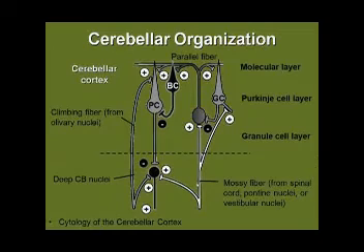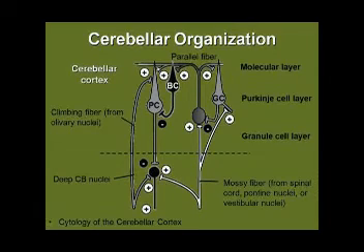Mossy fibers, on the other hand, yes, they are excitatory, but they only have an indirect influence on Purkinje cells, because all mossy fibers, regardless of their source of input from spinal cord, indirectly from motor cortex through the pontine nuclei, or the vestibular nuclei, enter the cerebellar cortex and synapse on granule cells. But then granule cells send their axons up to the molecular layer where they bifurcate, forming parallel fibers that then go over and synapse and provide an additional excitatory input on Purkinje cell dendrites.